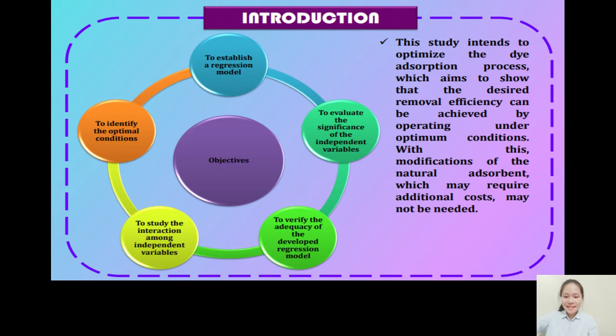This study intends to optimize the dye absorption process, which aims to show that the desired removal efficiency can be achieved by operating under optimum conditions. With this, modification of natural adsorbents, which may require additional costs, may not be needed.